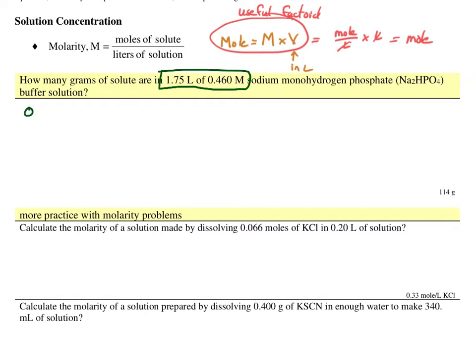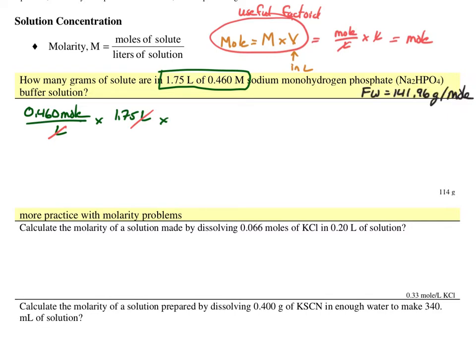So we start with 0.460 moles per liter, and when you're working through problems, always translate molarity to moles per liter. It's going to help your units work out. Then we multiply it by 1.75 liters, and that gets us to where we can cancel out units of liters, and we now know how many moles of solute we have.